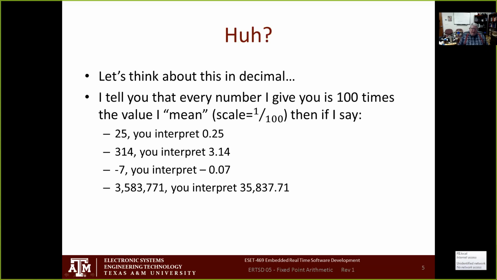If I tell you -7, you're going to tell me, oh, you really mean minus 0.07. And if I tell you 3,583,771, you're going to tell me, no, what you meant was 35,837.71. So we do this in decimal all the time. What you're going to have to get your head wrapped around that's a little different is that now we're doing it in binary. Okay?